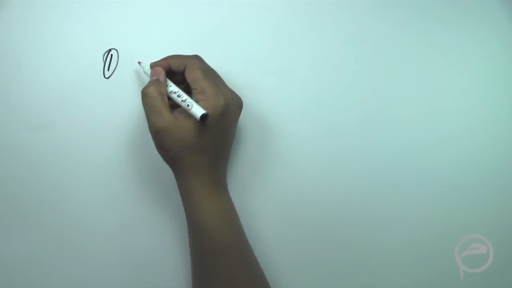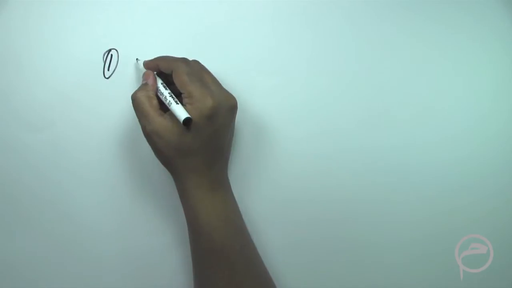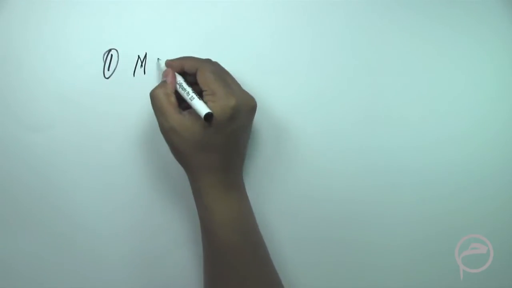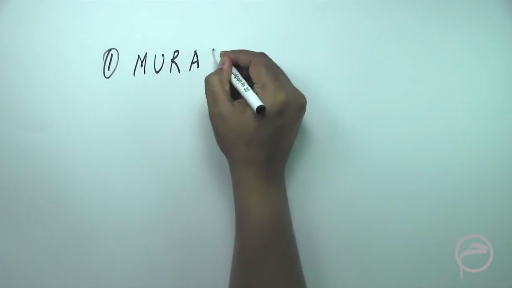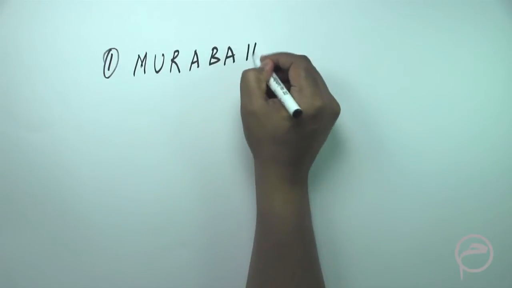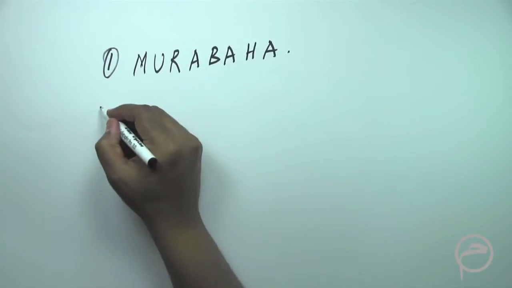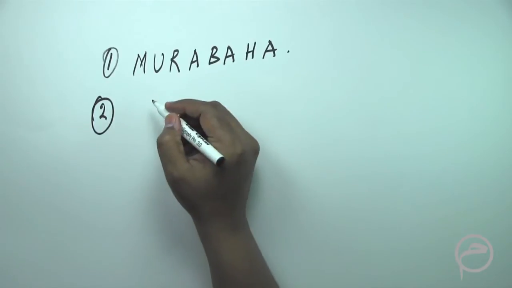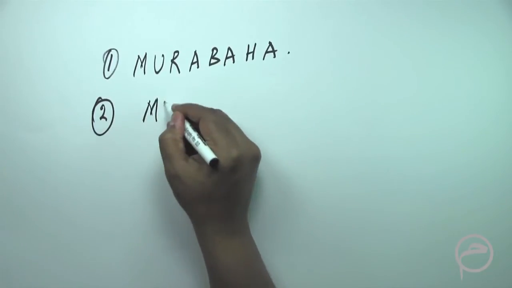Bismillah ar-Rahman ar-Rahim. We will discuss four structures. The first is Murabaha. The second is Musawama.